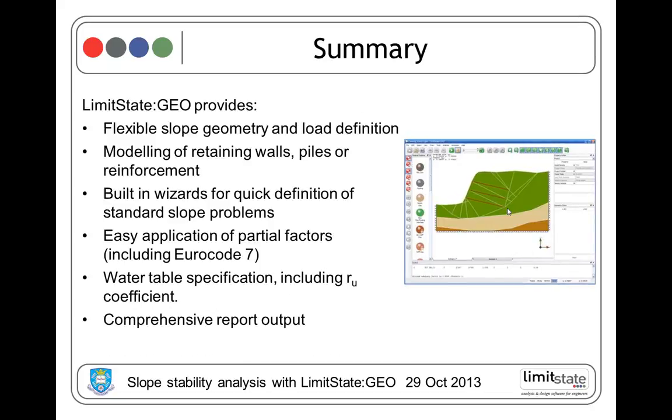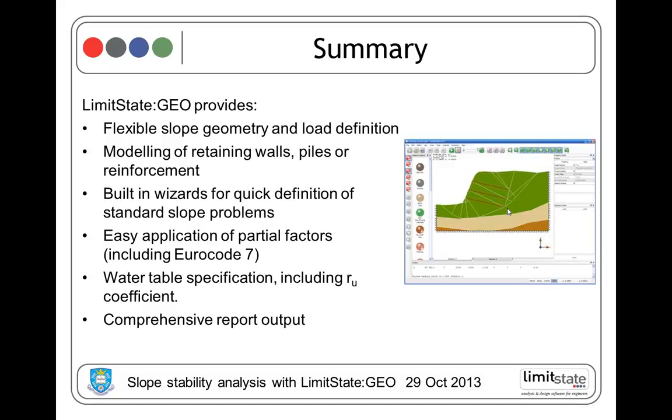I hope you've also seen that it's quite flexible in terms of modeling the slope geometry and loading, and that we can add in retaining walls or equivalently piles or reinforcement into the problem to see if that will assist in stabilizing the slope.